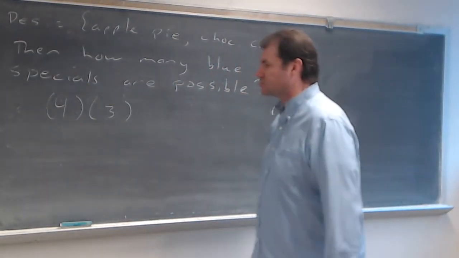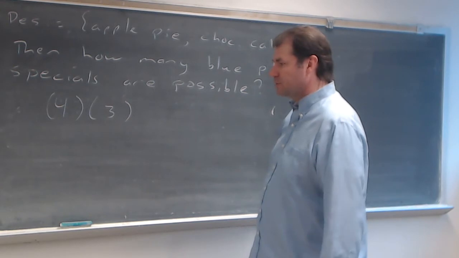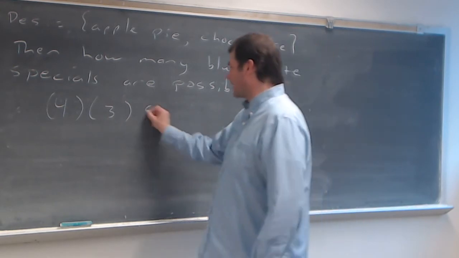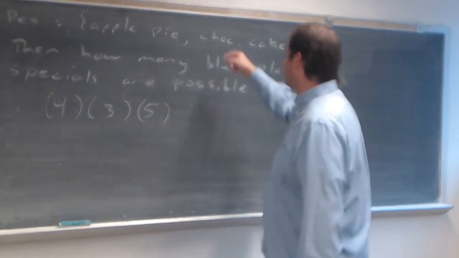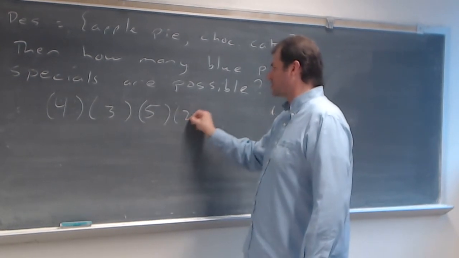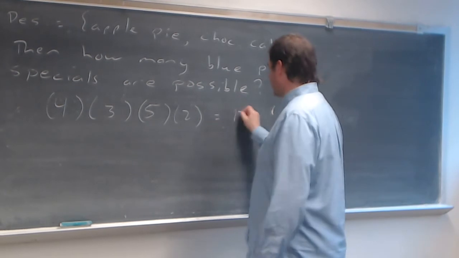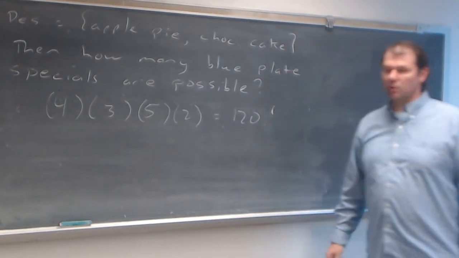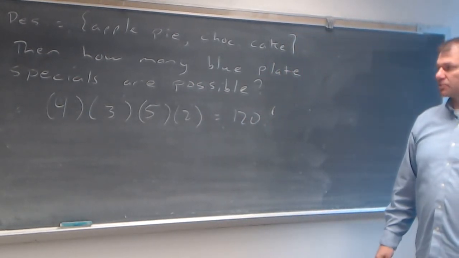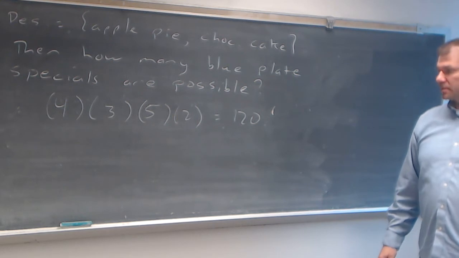Likewise, we pick a drink, and there were 5 drinks available. Then we pick a dessert, and there are 2 options. We multiply these numbers together, and this ends up being 120. So there are 120 blue plate specials, using the sequential counting principle.